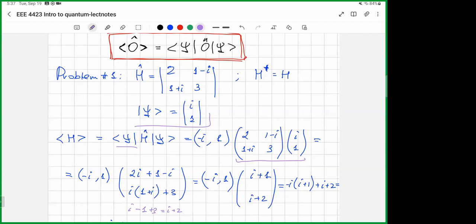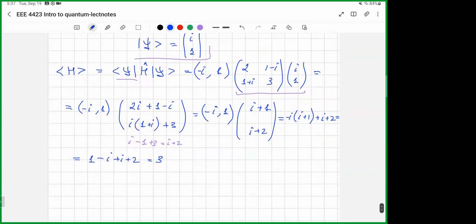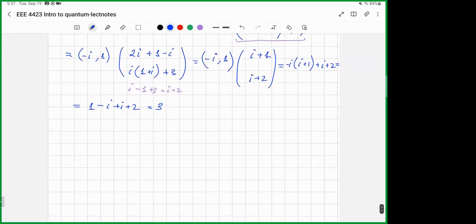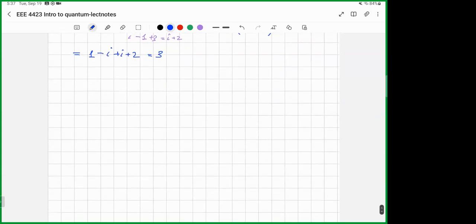But what if we don't know in which state it is prepared? In this case, we will get the matrix of expectation values. So let me consider problem number 2.